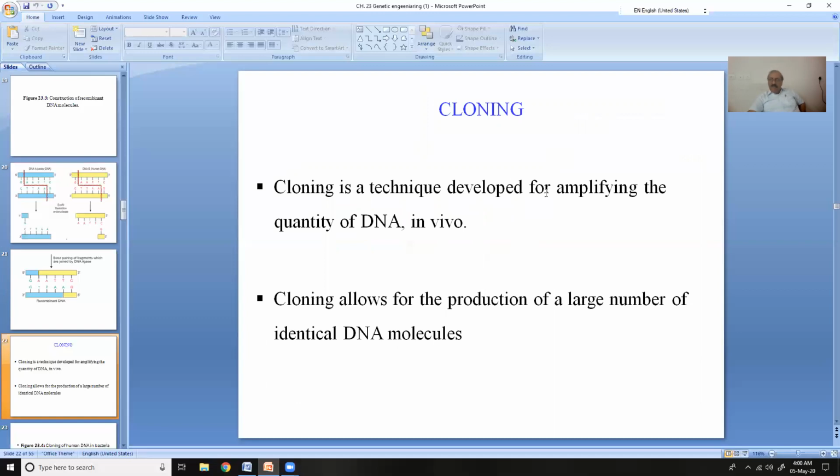Cloning allows the production of a large number of identical DNA molecules. It is only the cloning.